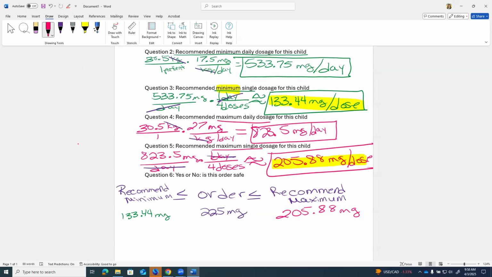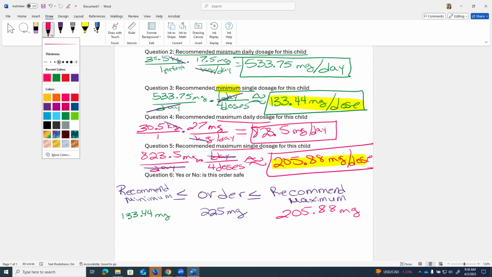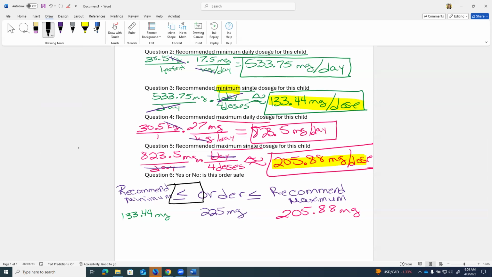So when I come through here, it's a yes or no. Let me word it a little differently. Is this recommended minimum less than or equal to the order? Well, yes, it's less than, so yes. So that part's true.